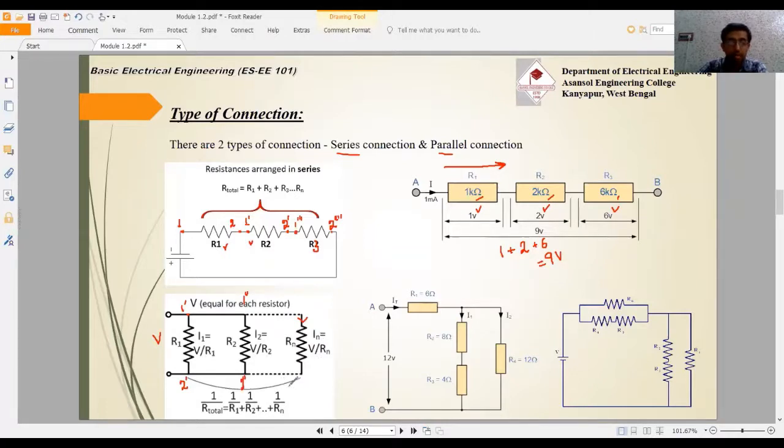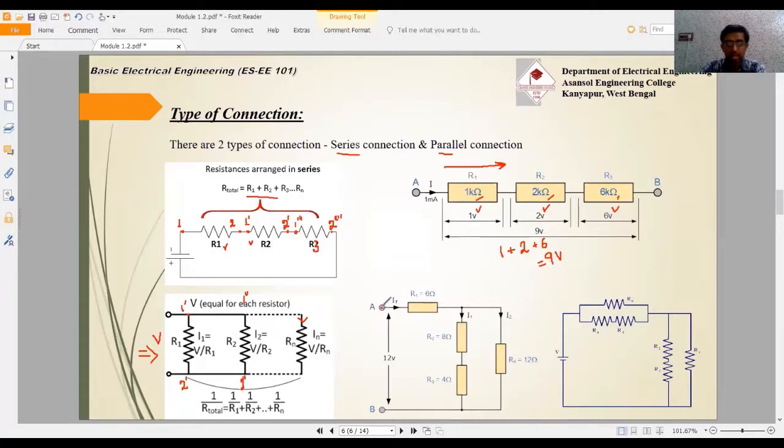So what will be the equivalent resistance observed from this side? It will be 1 by R total equals 1 by R1 plus 1 by R2 plus 1 by Rn. And in series, you can see the clear difference. Here the total resistance will be R1 plus R2 plus R3 up to Rn. Okay, let's take an example.